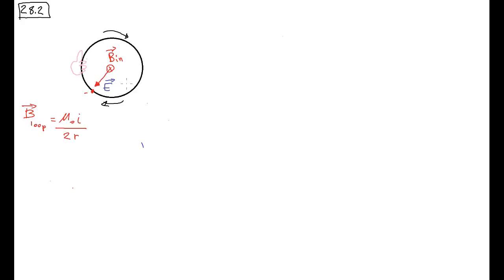Now the value of this would be, I'm trying to remember what it is. 1 over 4π ε0, the charge on the electron over the Bohr radius squared, and pointing radially away from the proton.